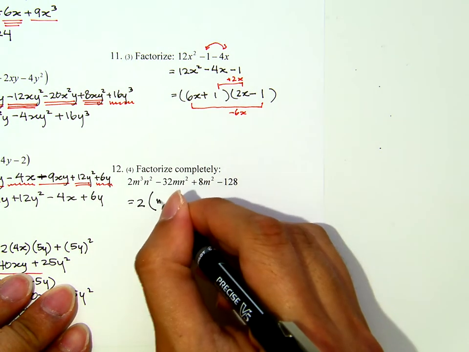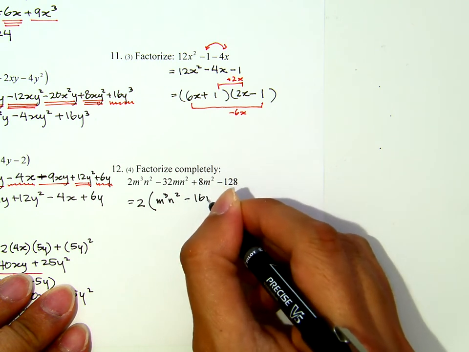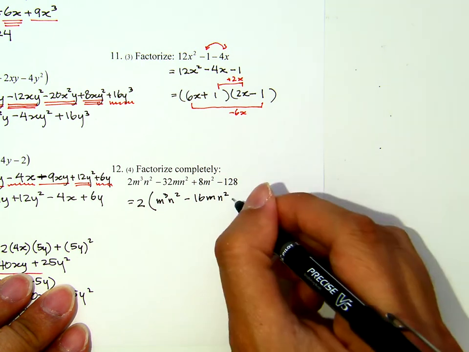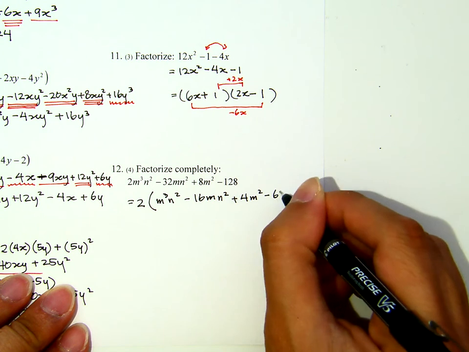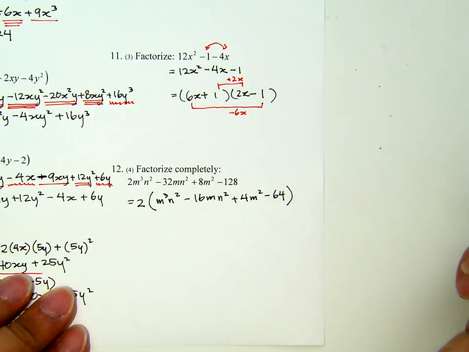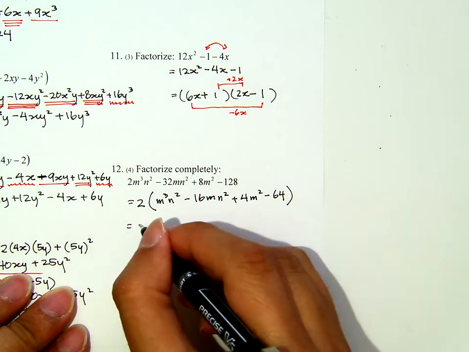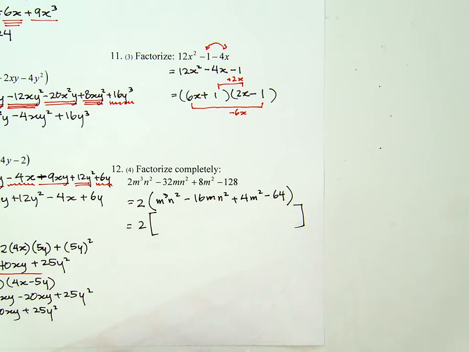Then I get m cubed n squared minus 16m n squared plus 4m squared minus 64. Okay, now from there I will try to put them in grouping.